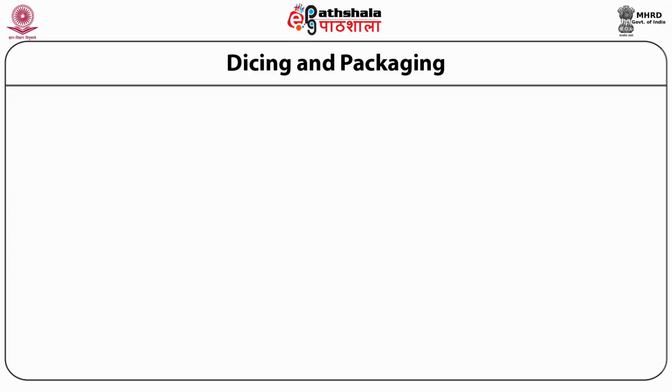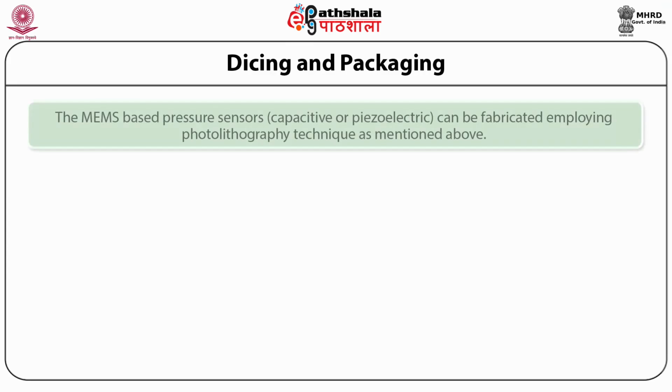However, after the fabrication of such devices, dicing and packaging play a major role. The MEMS-based pressure sensors, whether capacitive or piezoelectric, can be fabricated by employing the photolithography technique which we have discussed earlier.